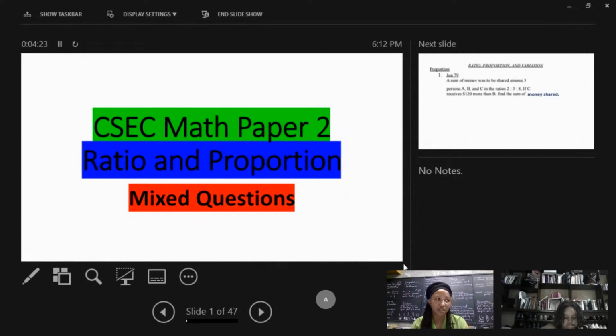So the relation or the comparison between two amounts. What would you say, Asar? What's ratio? Miss, the comparison between two or more things in numerical form.